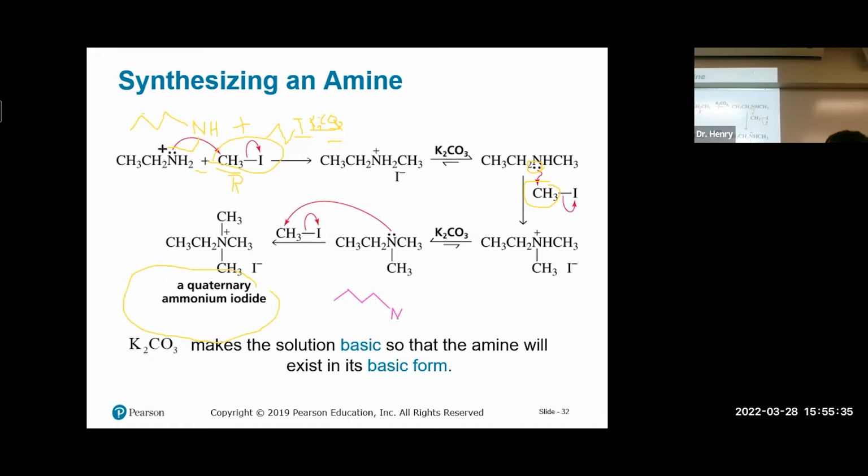Well, there's an ethyl here. Okay. And then what else is going to be attached? For the iodine, I have 1, 2, 3. Yes.